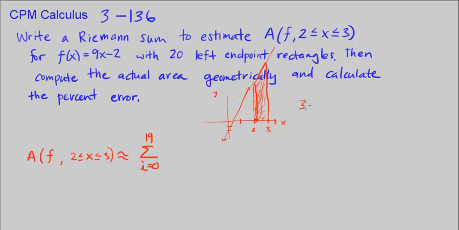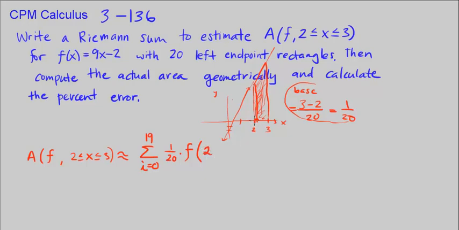So it's going to be 3 minus 2, 1 unit divided by 20, which is just 1 over 20. So the base is equal to 1 over 20. So it's 1 over 20 times the height. Well, the height is just going to be the function, starting at 2.